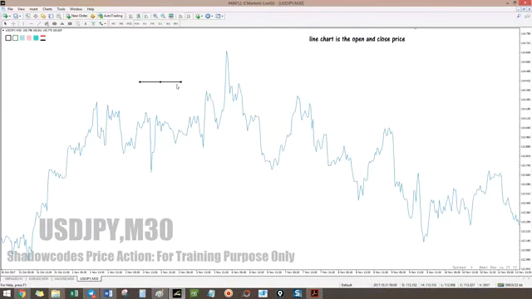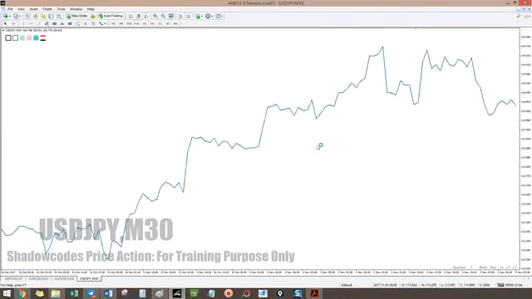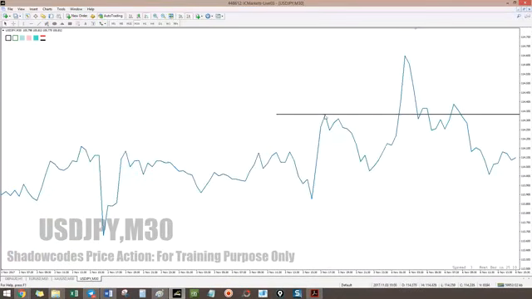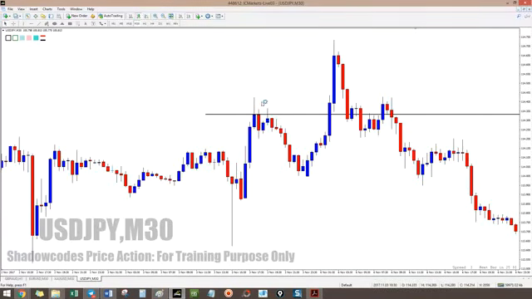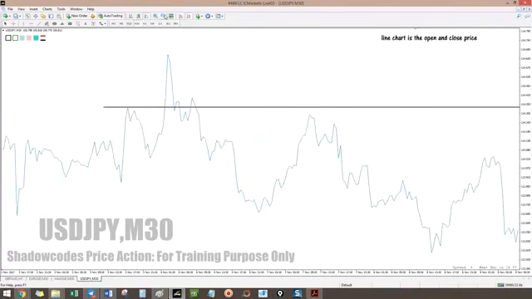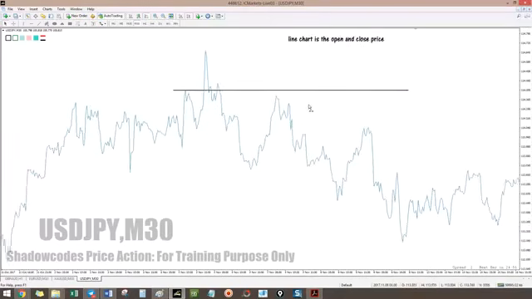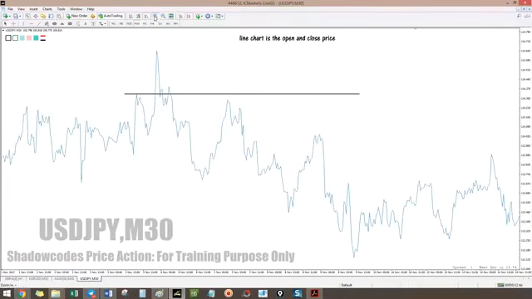Remember, we take this one up to here. Let's zoom in. If we take the line chart, remember the SNR topic in chapter 1, this is the open and close price. Let's zoom out a little.